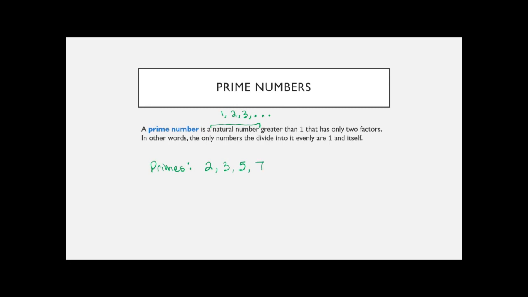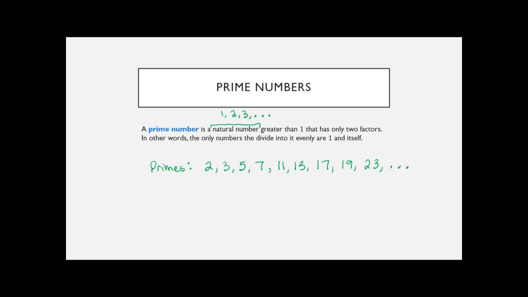Now you may be thinking, oh, every odd number is prime, but that's not the case because 9 is not a prime number because you can divide 9 by 1, 3, and 9. So the next prime number is 11. We have 13, skip 15. We go to 17, 19, skip 21. We go to 23. So these are all prime numbers.